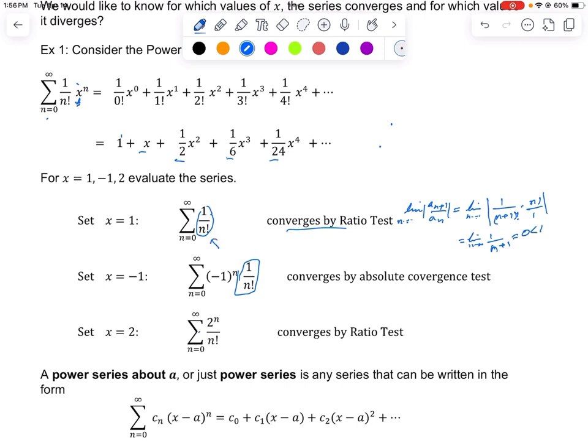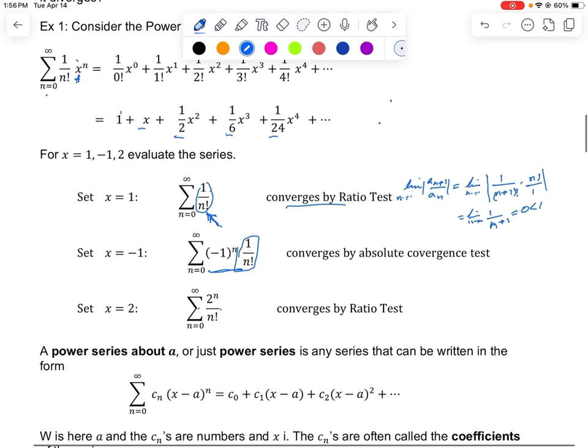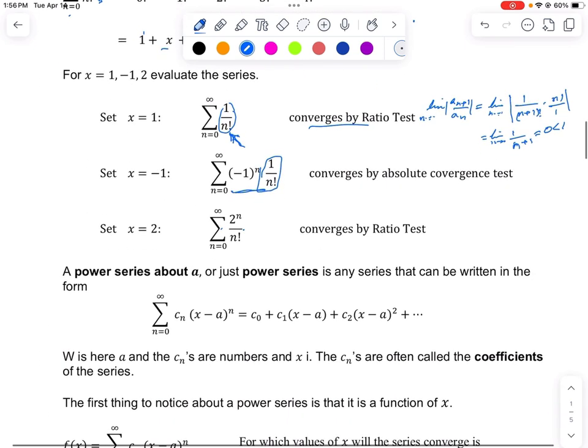That converges, so it means this also converges. But the first case with x equal to 1 is the case of the absolute value of this series. Next is 2 to the n over n factorial. It is the same thing as the ratio test. I'll let you do it yourself and check that it converges.